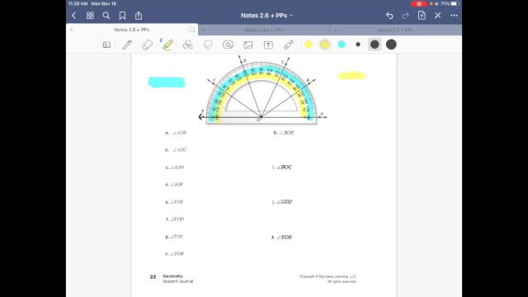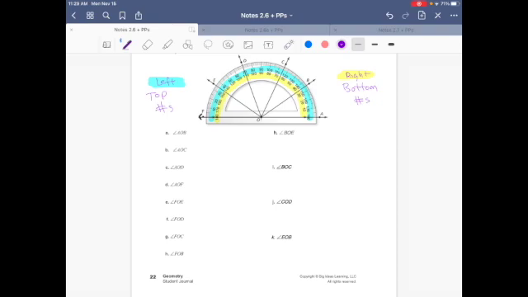If we're measuring from the right-hand side, we're going to use the bottom numbers. And if we are on the left-hand side, we're going to use the top numbers. Right?